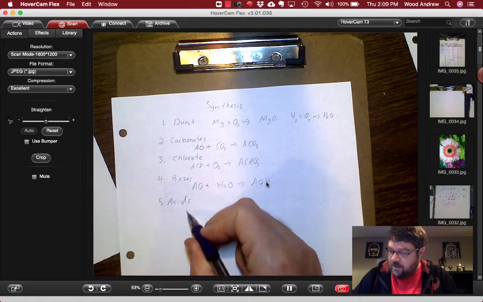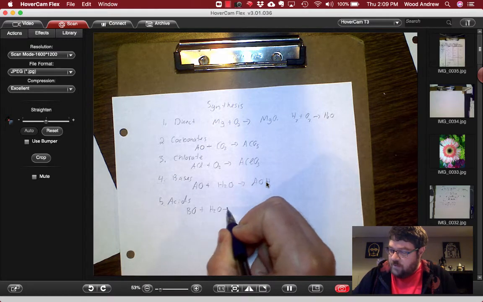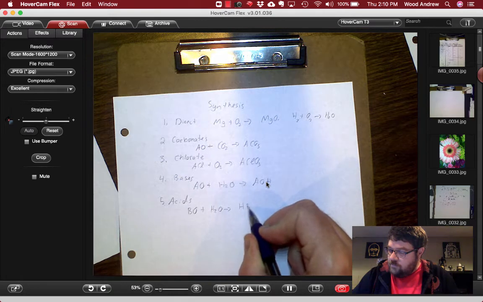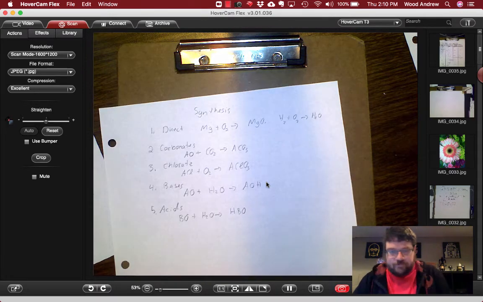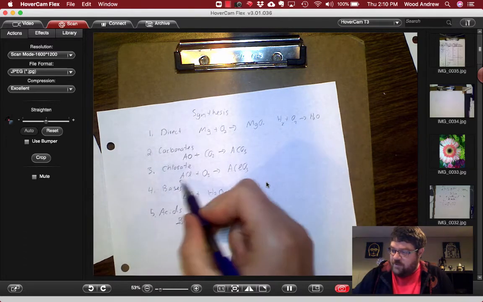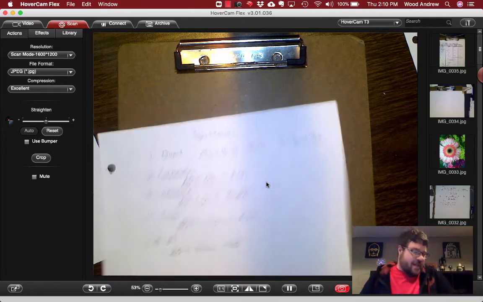And then acids are a non-metal oxide plus water to make an acid. And again, these letters here are not actual elements, they're just placeholders. You can insert whatever you want there. So let's take a look at an example of each of these.